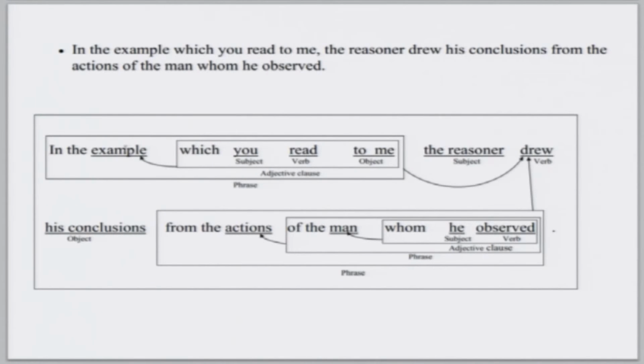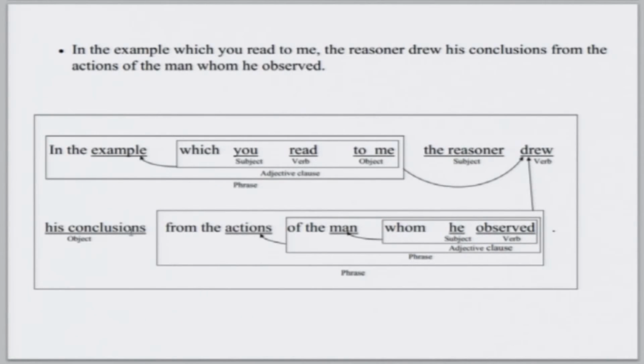So, in the example, which example? Which you read to me, the reasoner drew what did he draw? His conclusions. Now, this phrase is qualifying these conclusions. All conclusions of his life, or what kind of conclusions? From the actions, conclusions from the actions. Particular conclusions from the actions.